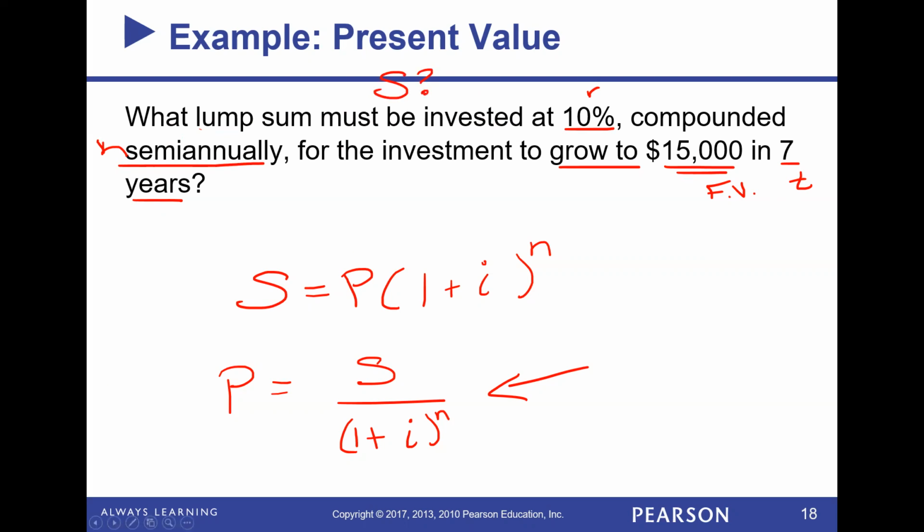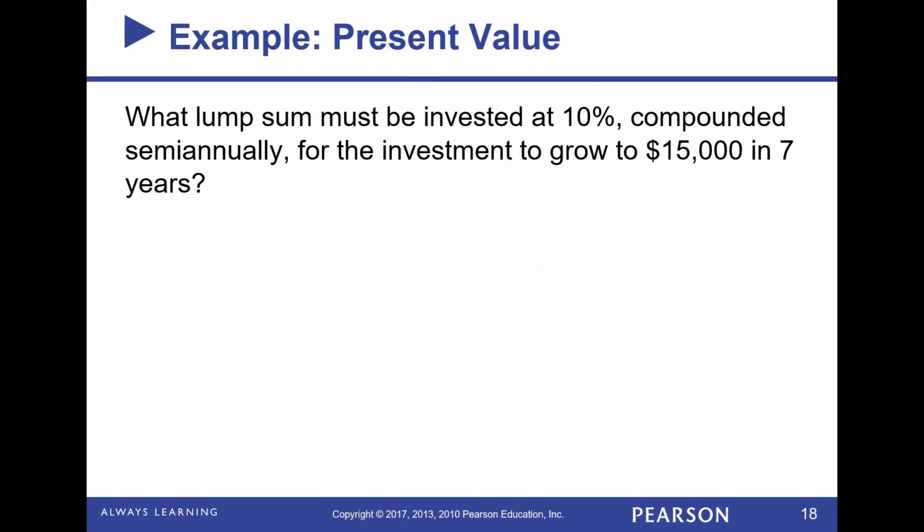Okay, so I'm going to erase all my ink, and we're going to lay everything out here. The first thing I knew was my S value. Again, I already know my future value is 15,000, so this is my S value. I also know my T is 7 years.